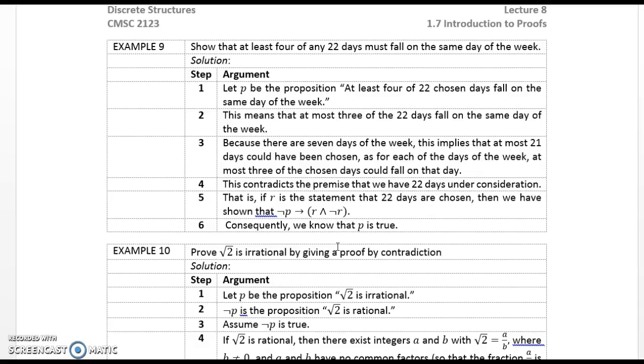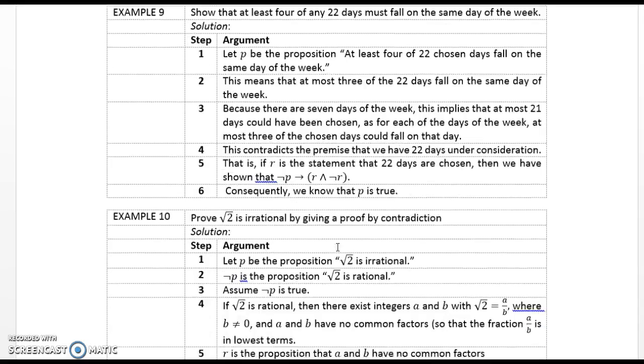Because there are 7 days of the week, this implies that at most 21 days could have been chosen, and for each of these days of the week, at most 3 of the chosen days could fall on that day. This contradicts the premise that we have 22 days under consideration. That is, if R is the statement that 22 days are chosen, then we have shown that not P implies R and not R. Consequently, we know that P is true.